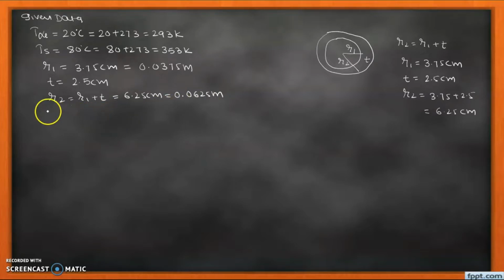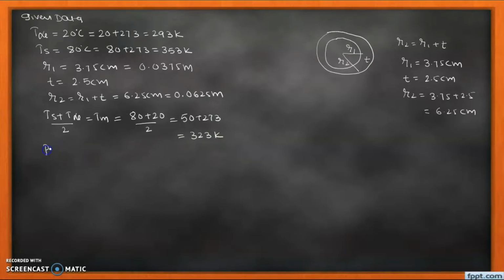From the surface temperature and the bulk fluid temperature, we can calculate the mean temperature: surface temperature plus bulk fluid temperature divided by 2. So we get 80 plus 20 divided by 2, which is 50. If we add 273, it becomes 323 Kelvin.